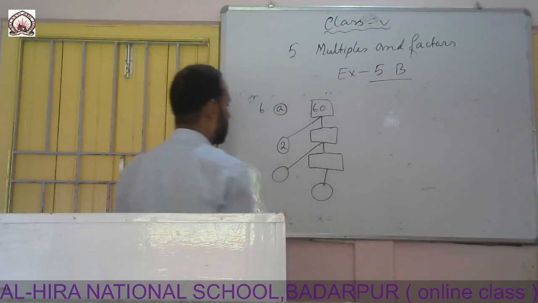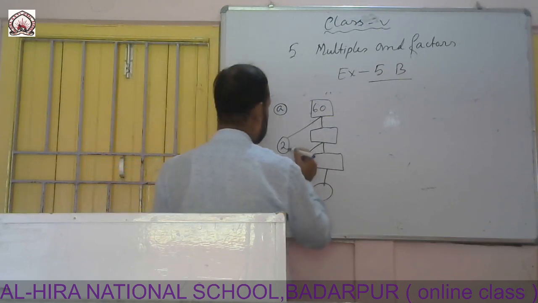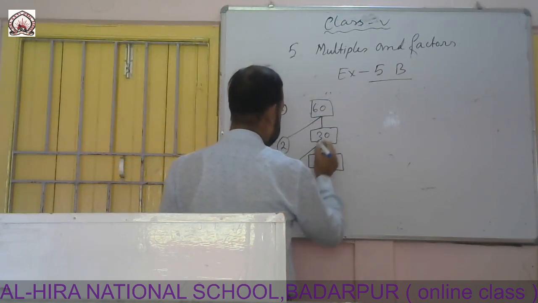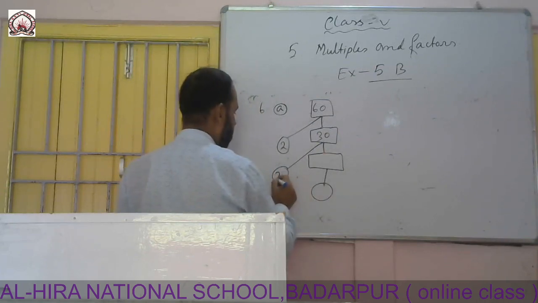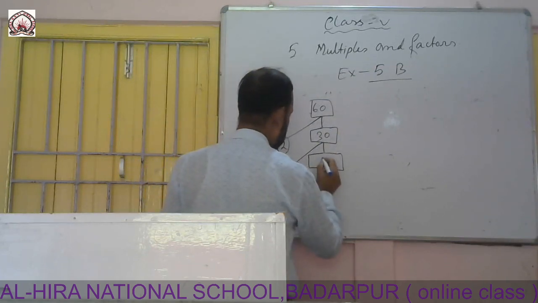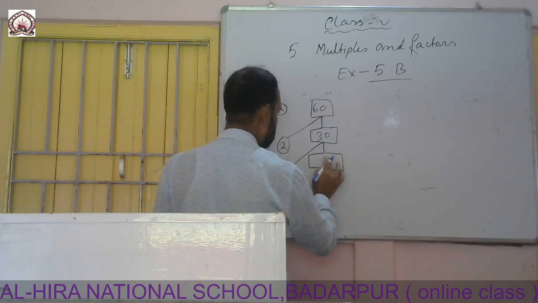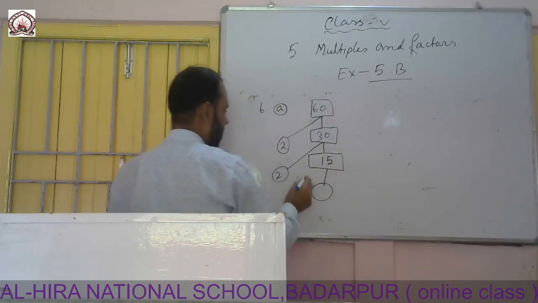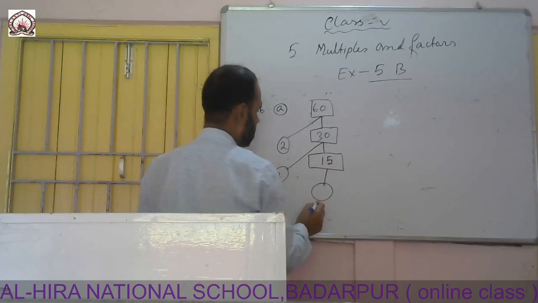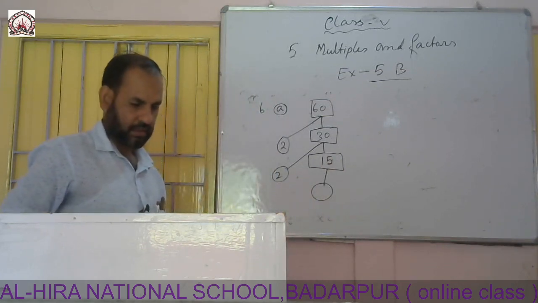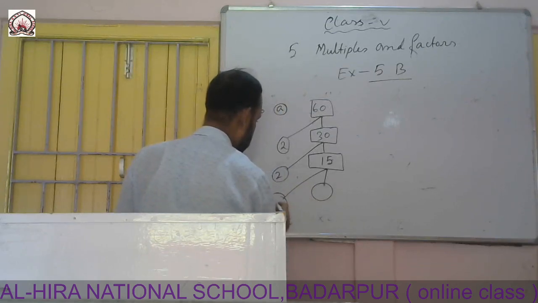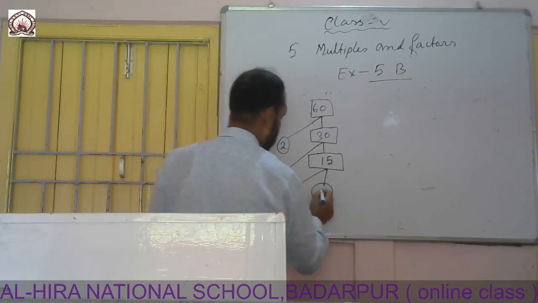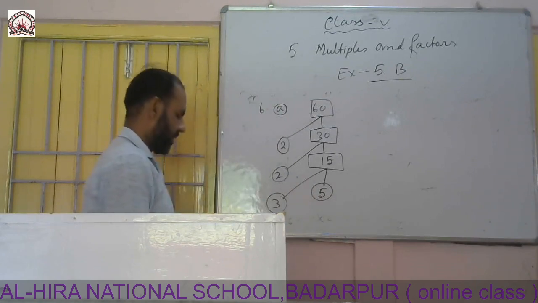60 is an even number, so it is divisible by 2. 2 30s are 60. Then 30 again by 2: 2 15s are 30, and 3 5s are 15.